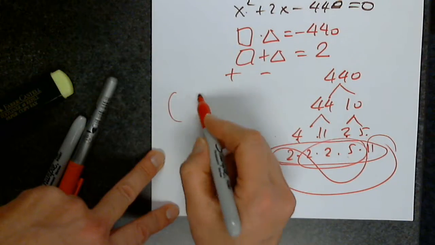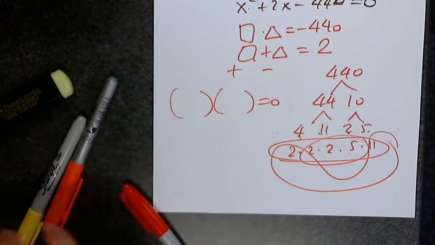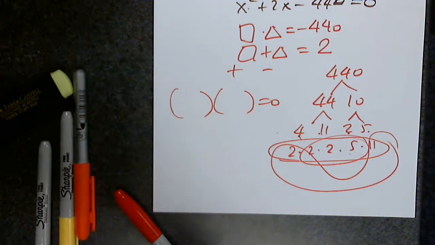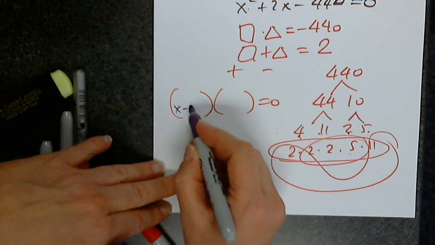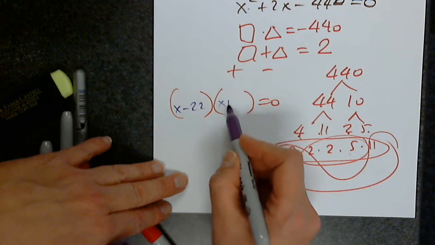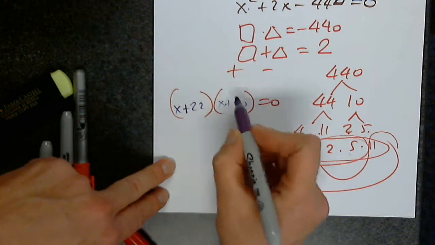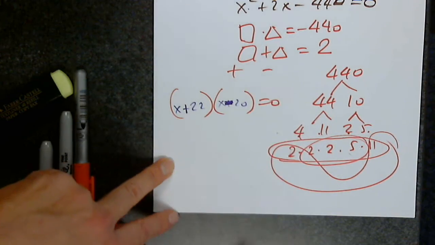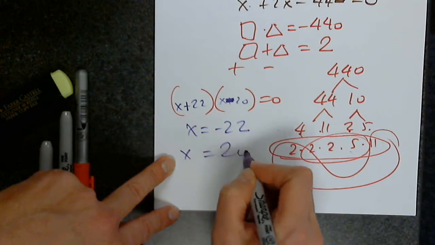Excellent. So then, what? 22, it's minus 20. If I do that, I'm in trouble. So minus 20. Right. So then x equals negative 22 and x equals 20.